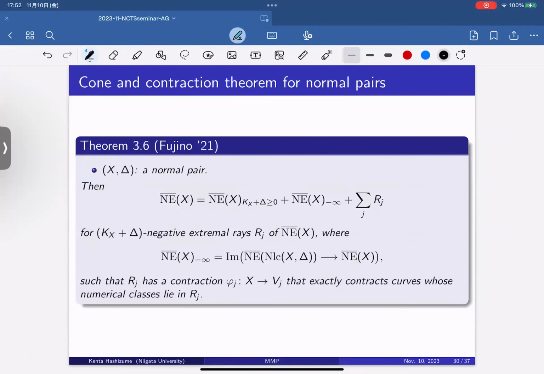Yeah, by this theorem, we can construct the left side part of a step of MMP in a special situation.